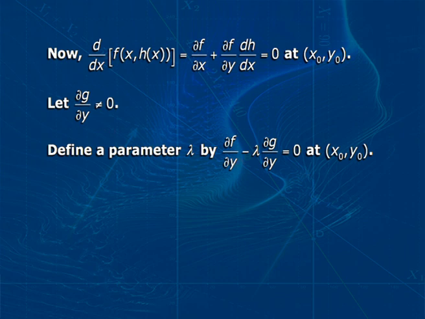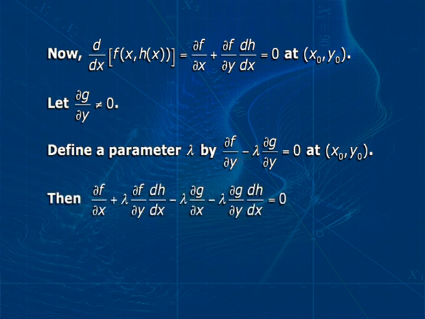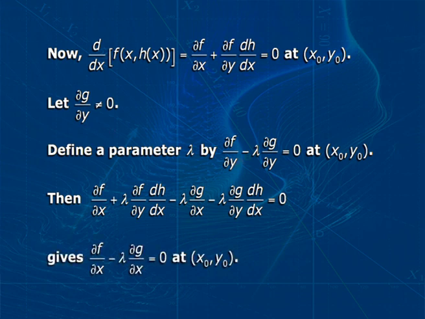Now del f over del x plus lambda del f over del y into dh by dx minus lambda del g over del x minus lambda del g over del y into dh by dx equal to 0, which gives del f over del x minus lambda del g over del x equal to 0 at (x0, y0), where the second and fourth terms get cancelled.